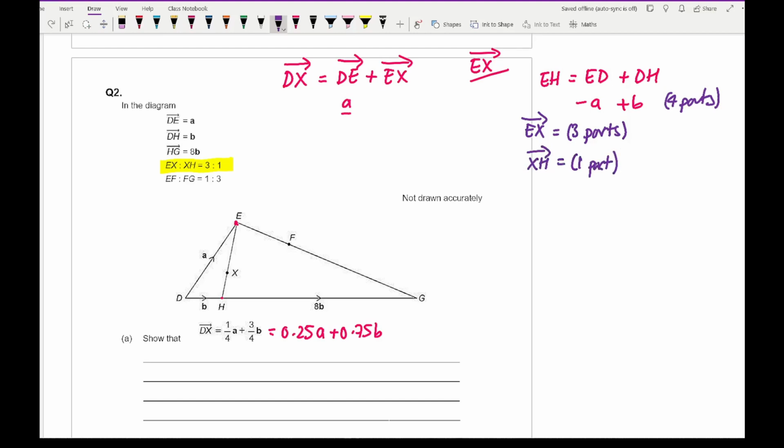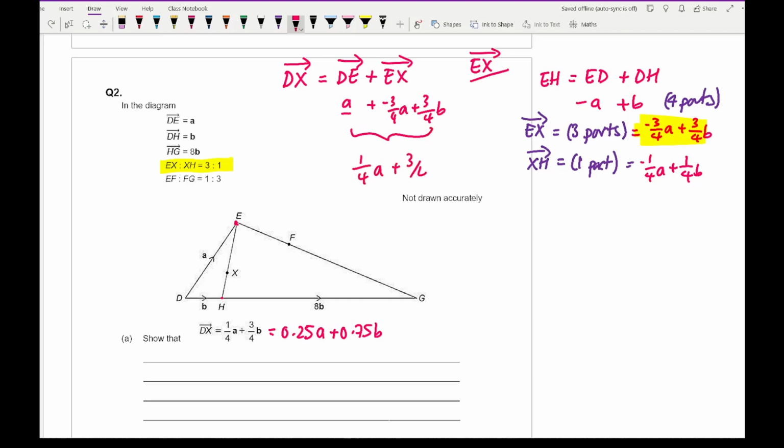So 1 part is going to be this divided by 4, so that's going to be minus 1/4 A plus 1/4 B, and 3 parts is going to be minus 3/4 of A plus 3/4 of B. Now from this I can then work out what D to X is, because E to X is this here. So then if I do A minus 3/4 A plus 3/4 of B, simplify all of this, I get 1/4 A plus 3/4 B, which is what they wanted me to show.